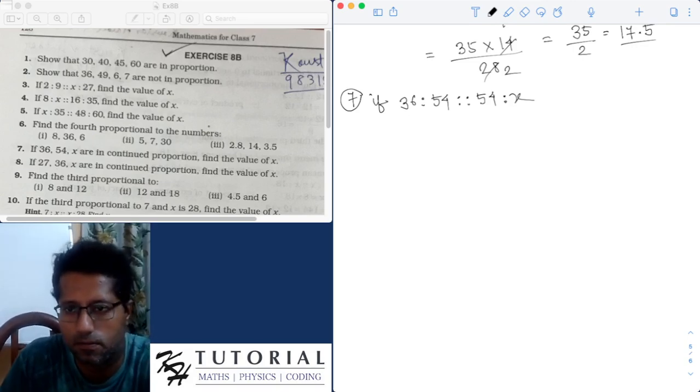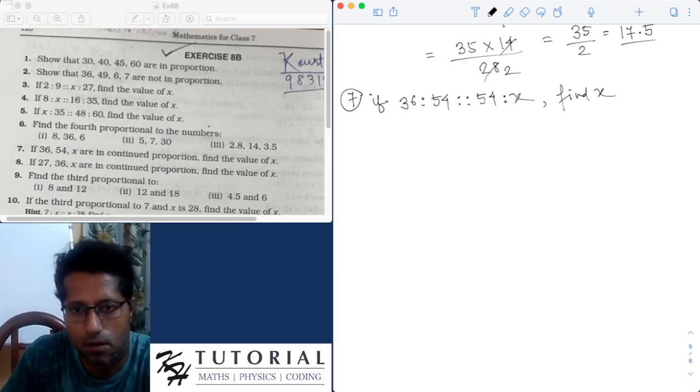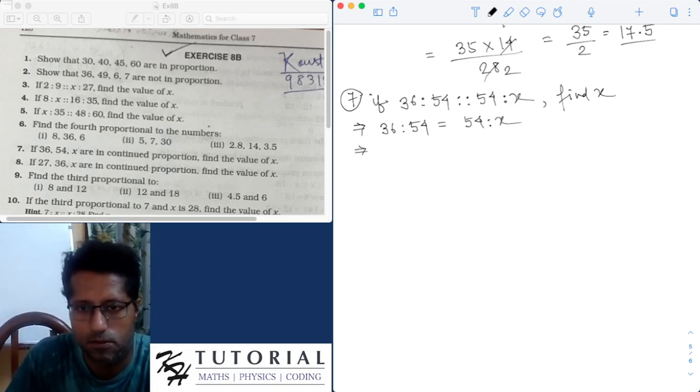Find x. Now we know that this implies 36 is to 54 equals 54 is to x. This implies 36 by 54 equals 54 by x.